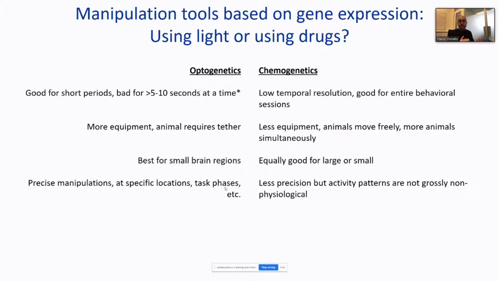What you're doing with chemogenetics, you can tinker with the way you give the drug or the amount of drug that you give in a way that you basically just make the animal more or less excitable, but still they're excited by endogenous excitation. So it's much closer to the natural way in which neurons get excited than to the completely artificial way in which neurons get excited with optogenetics.